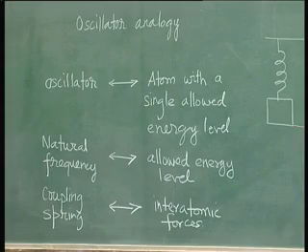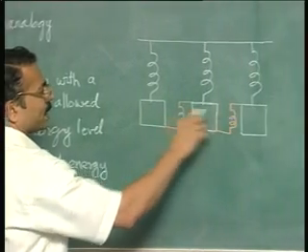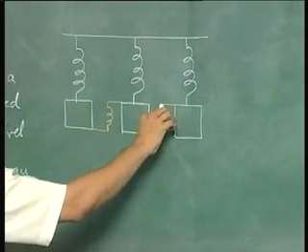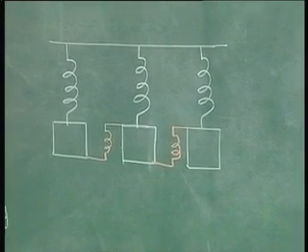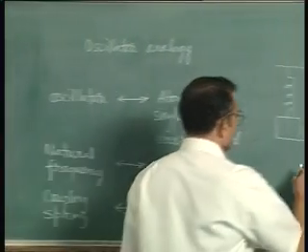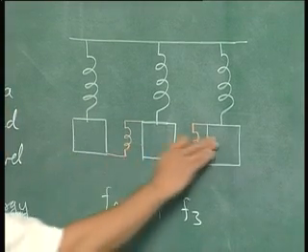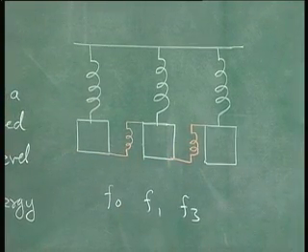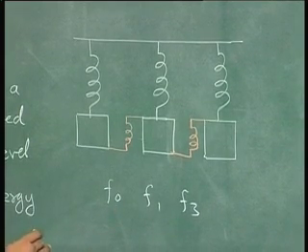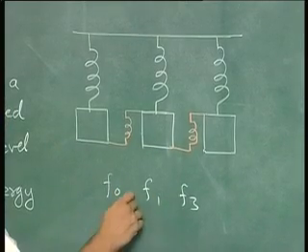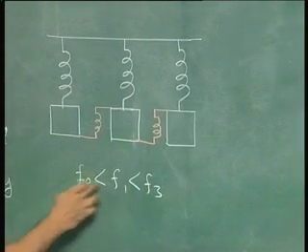Now we will also understand that if in the oscillator, for example, this coupling spring is very strong, if you increase the strength of the spring or the spring constant K, then the three different frequencies, that is F0, F1 and F3, for the three modes of oscillation of this particular system, the separation between these three frequencies will go on increasing. So now you have F3 as the maximum frequency, then you have F1, then you have F0.